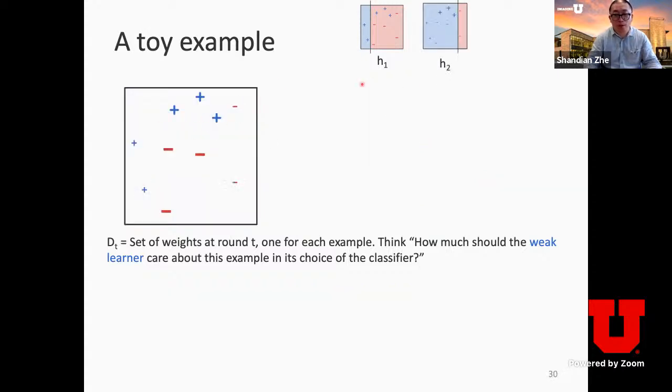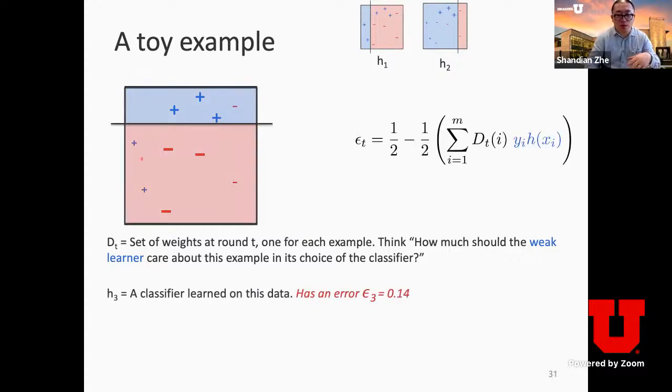So we have H1, H2, and now after adjusting the sample weights, we're going to find a third weak classifier, H3. It turns out the third classifier is a horizontal line.